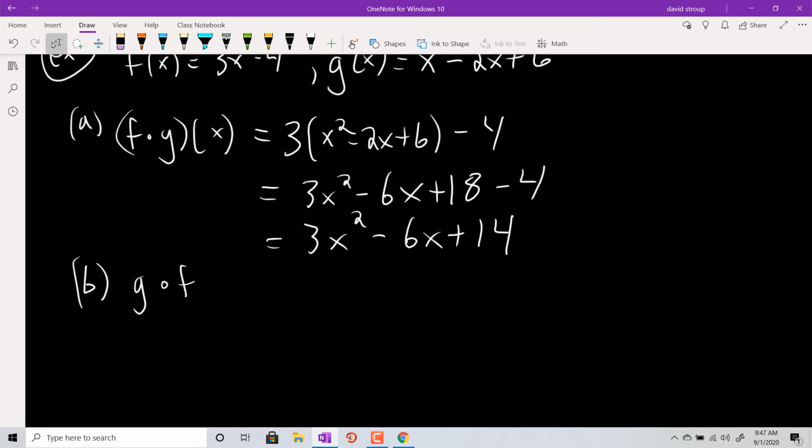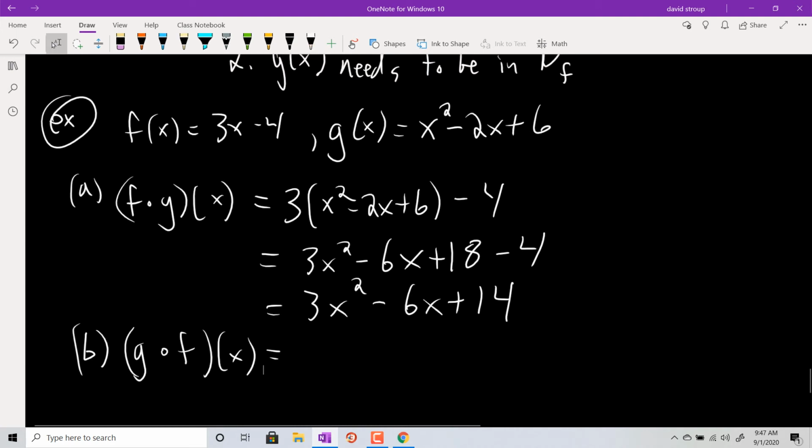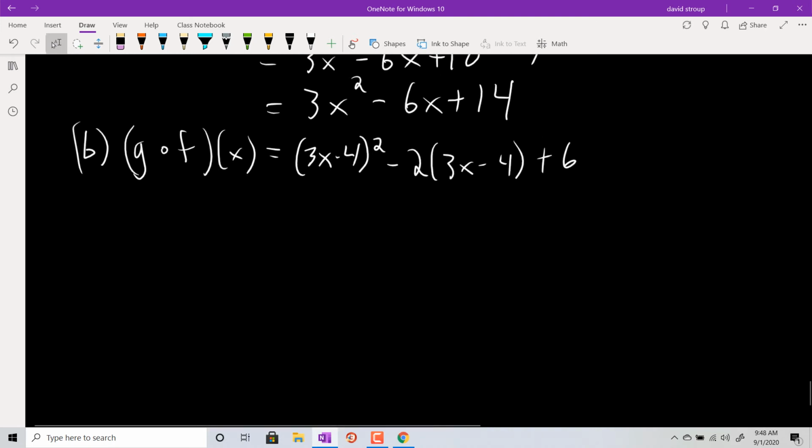which is g of f of x. And in this case, you're putting f of x wherever you see x in g of x. Okay, so instead of x squared, I now have 3x minus 4 squared, minus 2 times 3x minus 4, and then plus 6. Okay, so first, we're going to need to FOIL out the 3x minus 4.